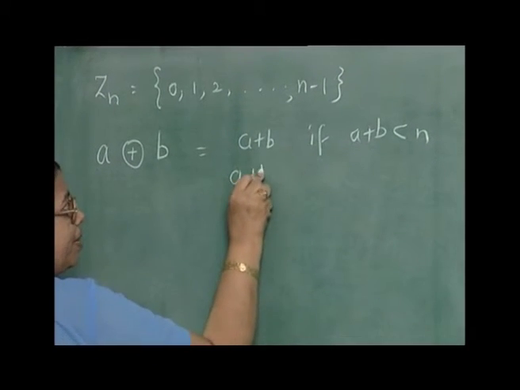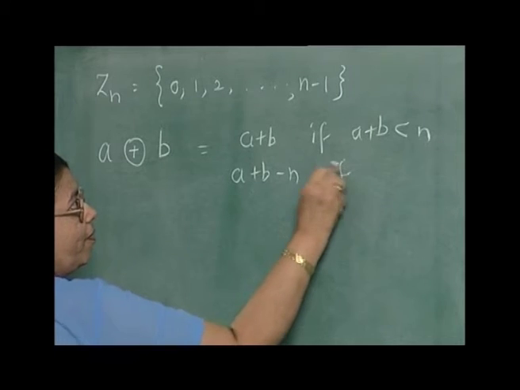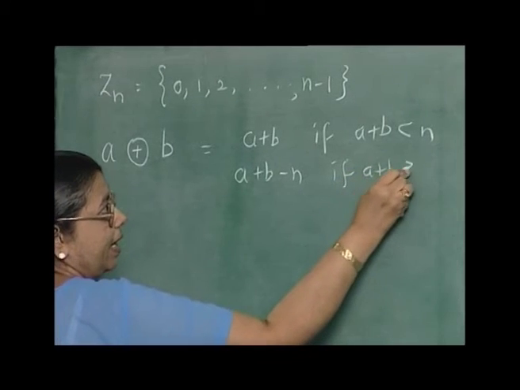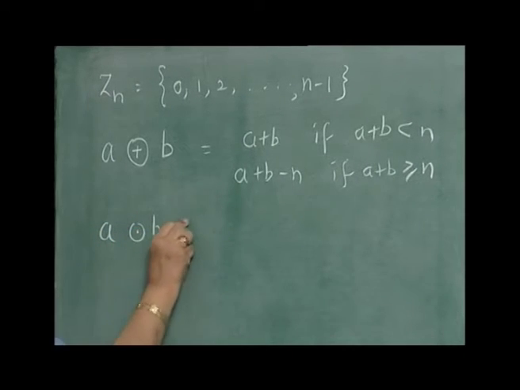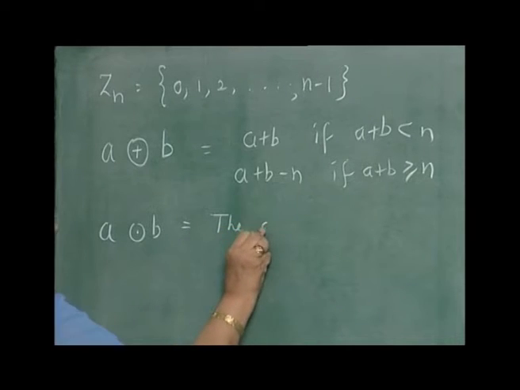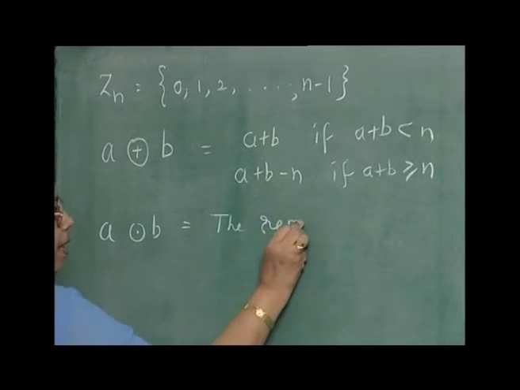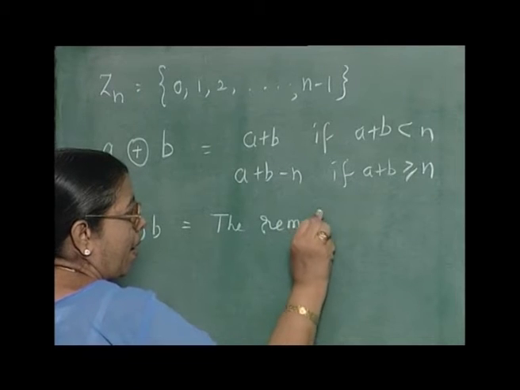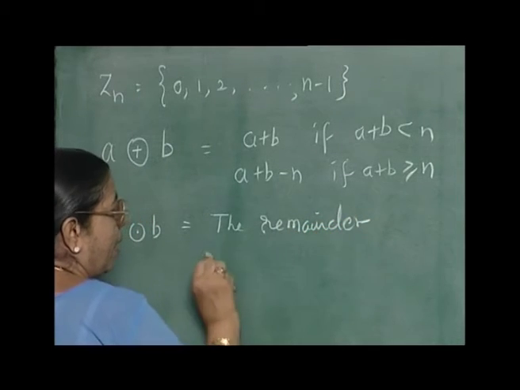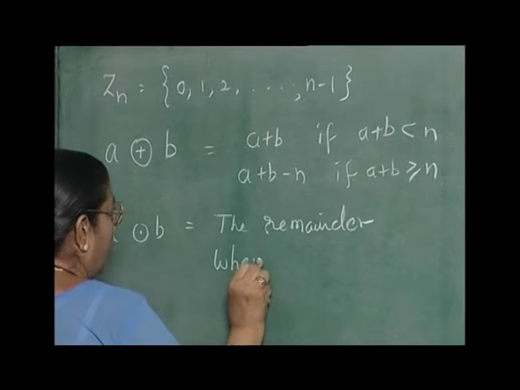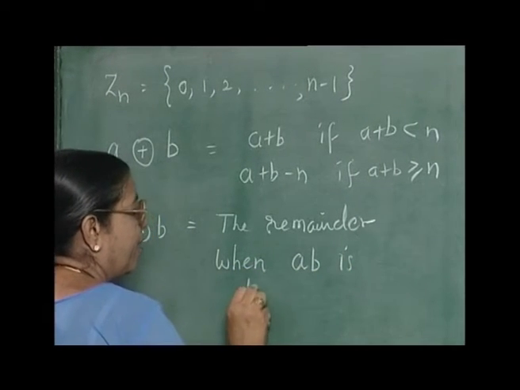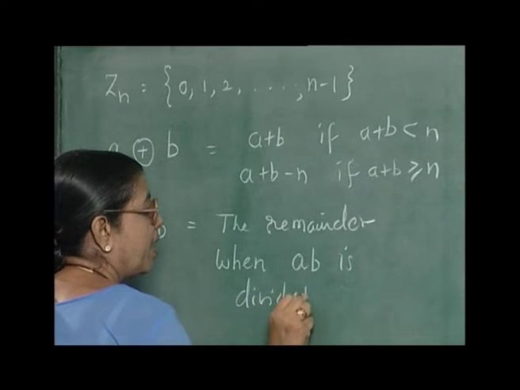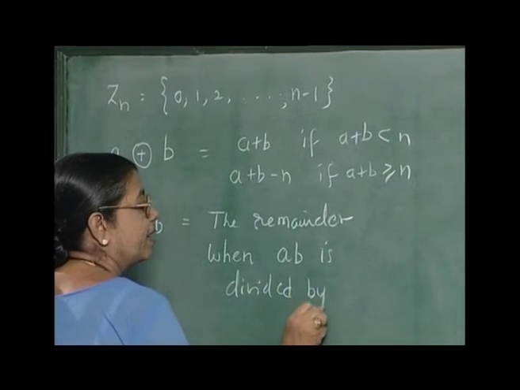This is equal to A plus B minus n if A plus B is greater than or equal to n, that is mod n addition, and A dot B is the remainder when AB is divided by n.